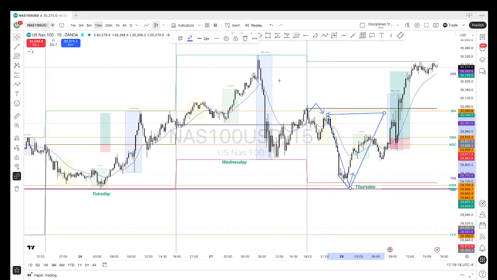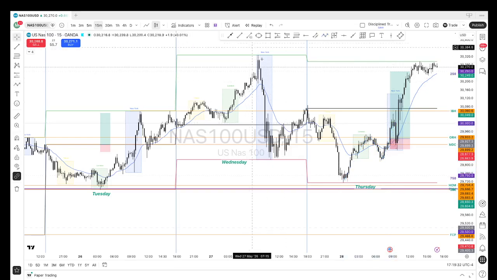Also, if you want to read price action, that is trading 101.